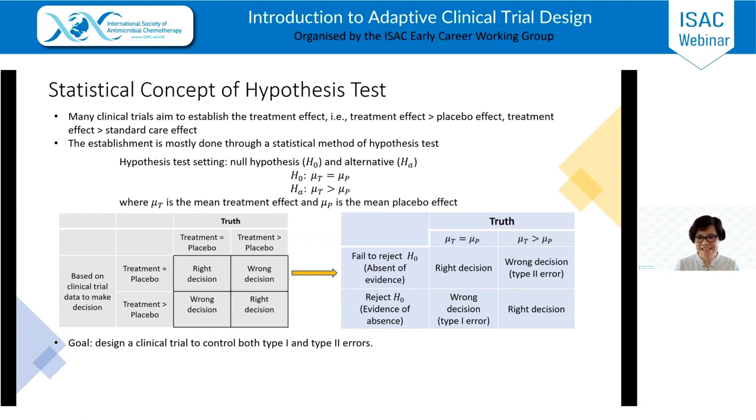This is what the hypothesis test is about. Now I want to make a couple of points. First, I review lots of statistical trial protocols and analysis plans, and you will see the null hypothesis always includes the equal sign. That's how the mathematical statistical theory works.